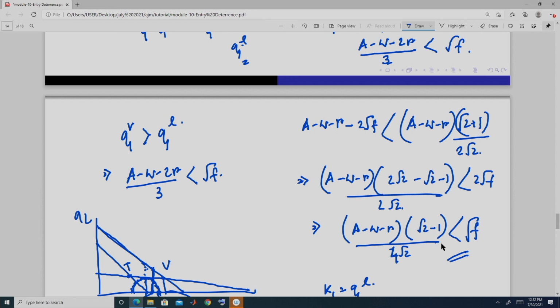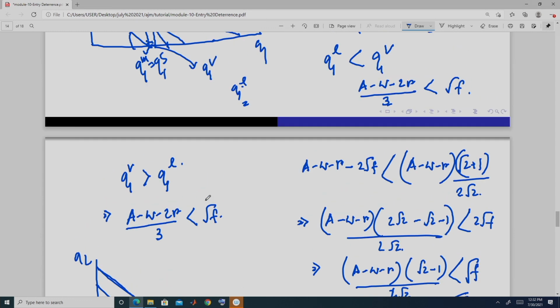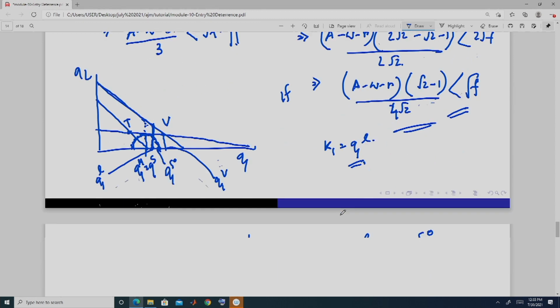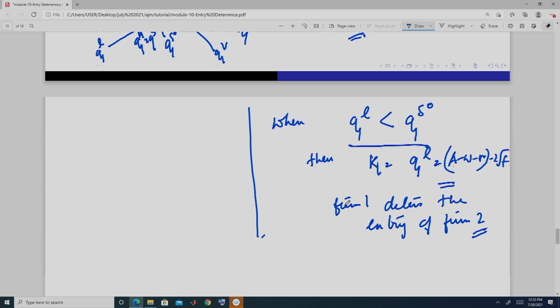It should be this, and so here this is not binding, and this is binding, whichever. You have to check that. If this is true, then it will choose this and it will deter the entry.